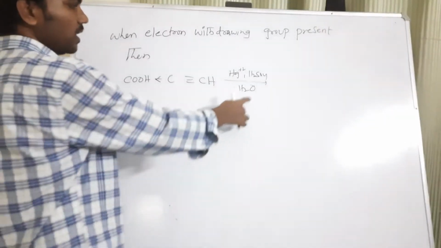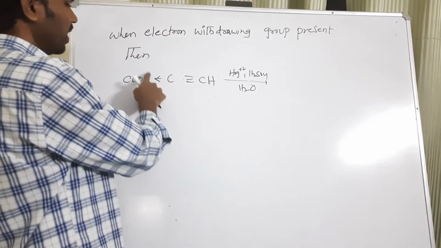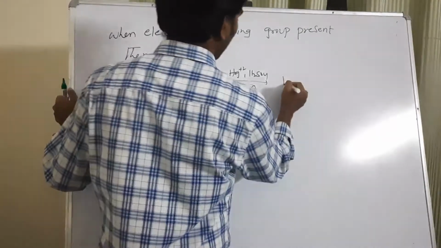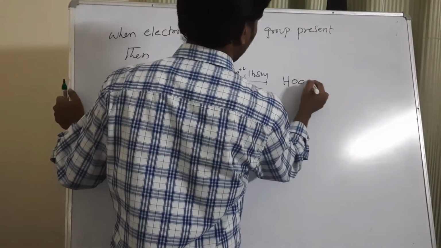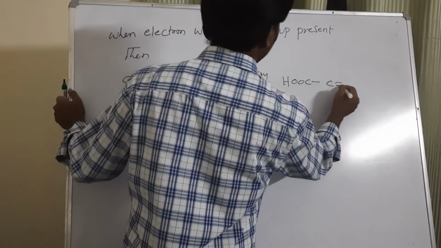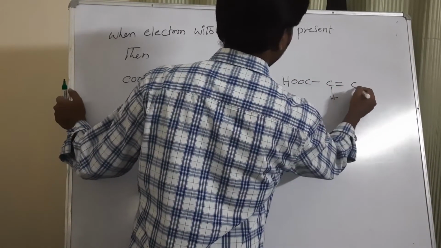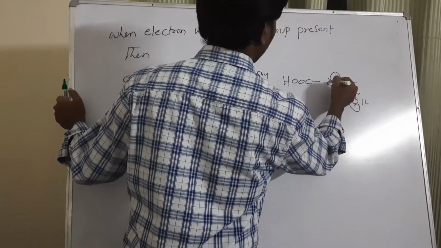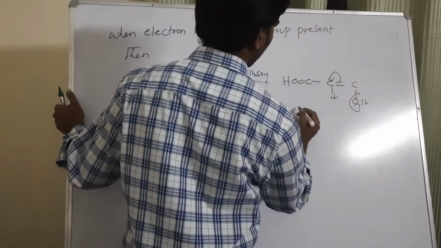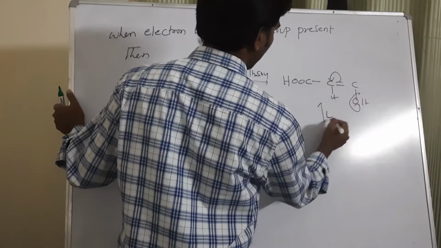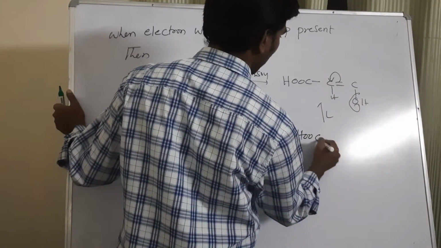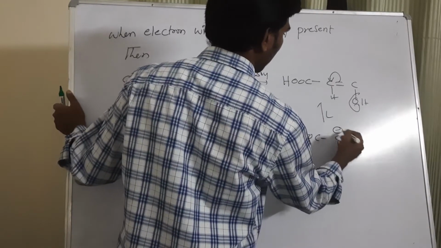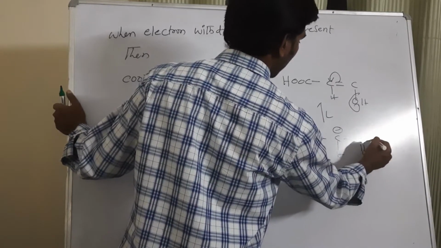According to our knowledge, this OH should be connected here, but when an electron withdrawing group is there, OH will be connected to this one. So then you will get COOH and C double bond, here H you will get and here OH you will get. It will shift like this, then it will shift onto this carbon. Because of that it is going to undergo tautomerism. So COOH and C, here H you will get, negative charge will come here, and then after that C double bond OH you will get.